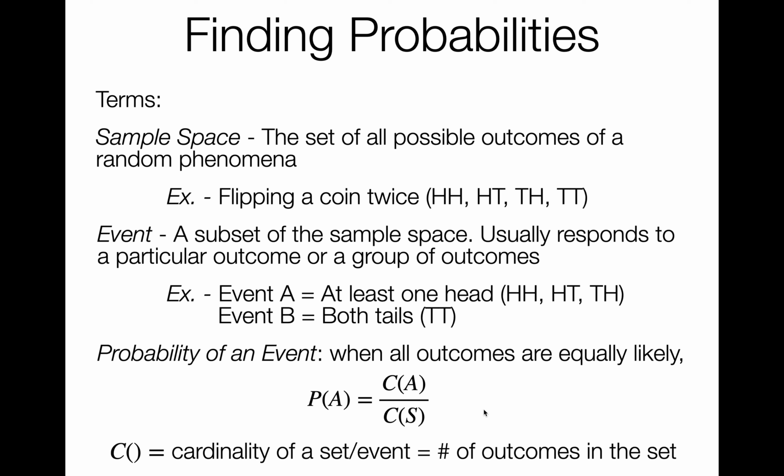And they are, yes. So the probability that I get at least one head is counting the number of outcomes in the event, which is 3, so that's the cardinality of A, divided by the cardinality of the sample space, which is 4. There are 4 possible outcomes in the sample space, so the probability of at least one head is 3 out of 4.